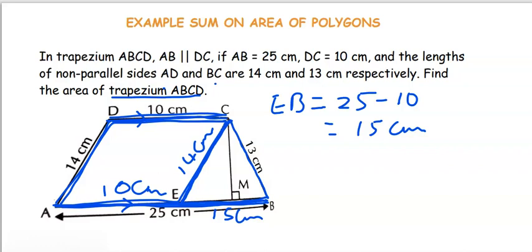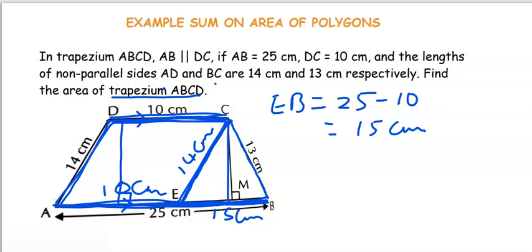Now, to find the area of the trapezium, you have the parallel sides AB and CD given. The only thing we need to find is the height. You don't have the height. This height is the same as the height of this triangle also.